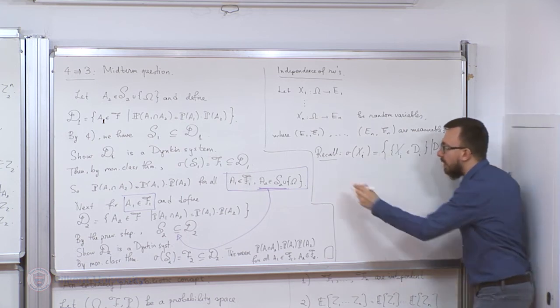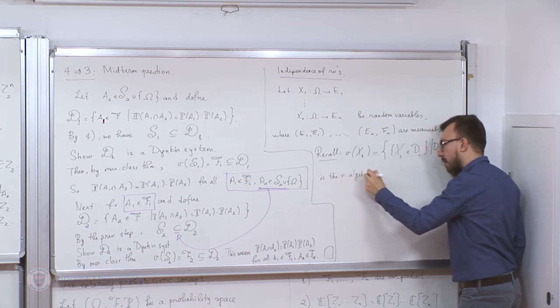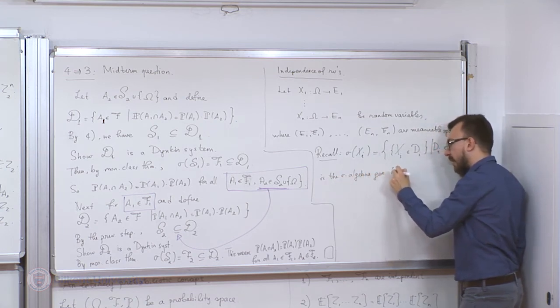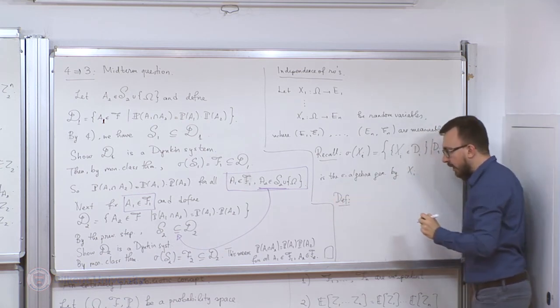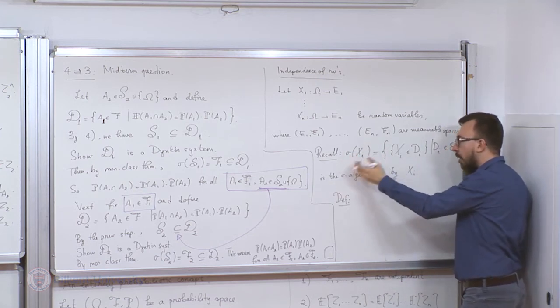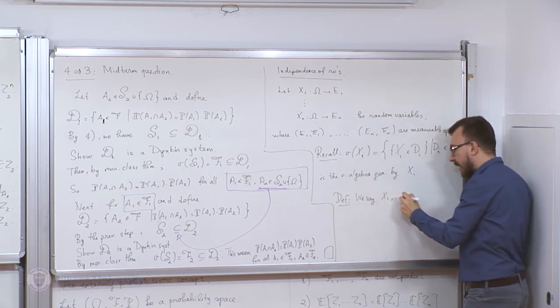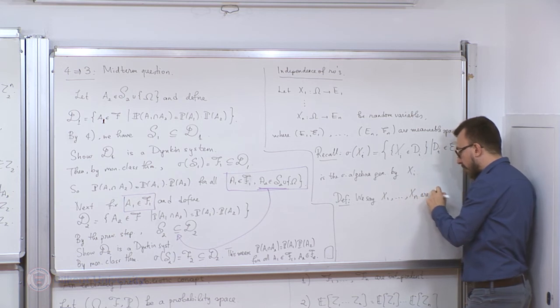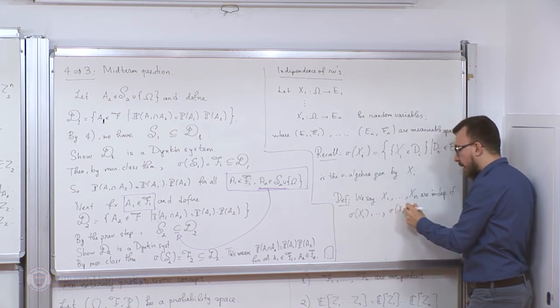So this is the sigma algebra generated by Xi. So our definition is now very easy because we're just going to define the independence of Xi's in terms of the independence of their generated sigma algebras. So we say X1 to Xn are independent if sigma X1 to sigma Xn are independent.